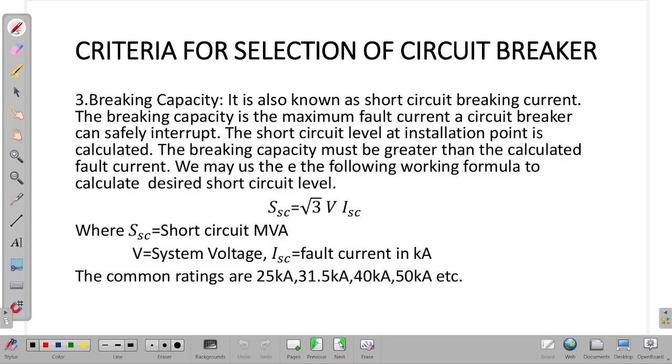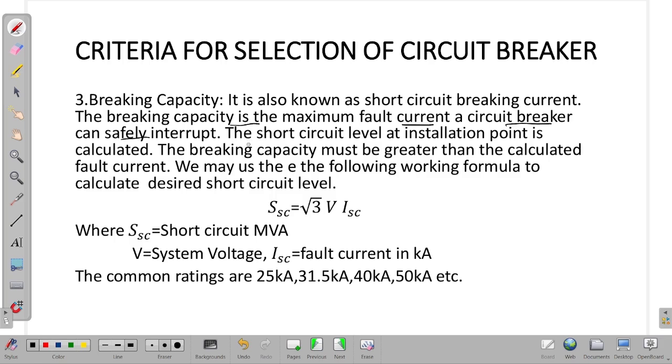Then the third criterion is the breaking capacity, also known as the short circuit breaking current. The breaking capacity is the maximum fault current a circuit breaker can safely interrupt.